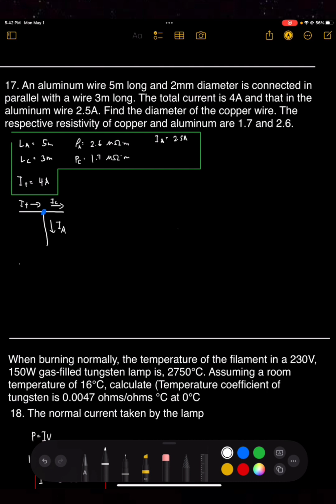With that movement, we can say that 0 is equals to IT minus IC plus IC minus IA. So IT is equals to IC plus IA. So we have the value for IT, which is 4, and the value for IC, which is missing, plus IA, which is the value of 2.5 amperes. So IC will be 1.5 amperes.